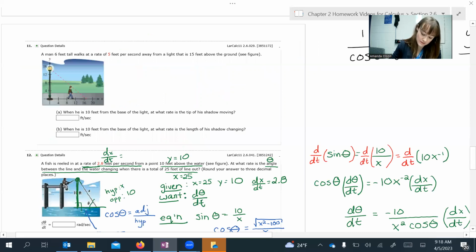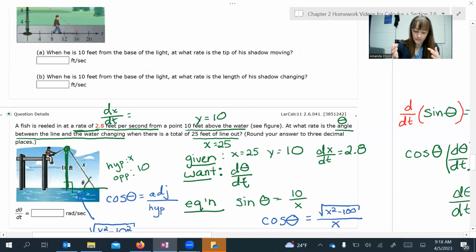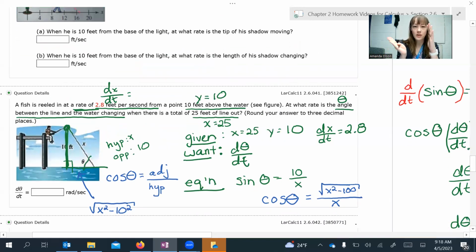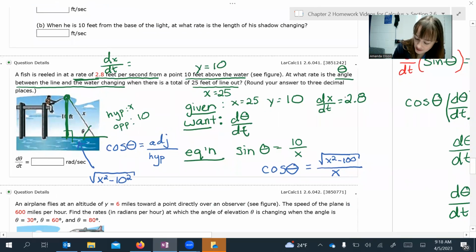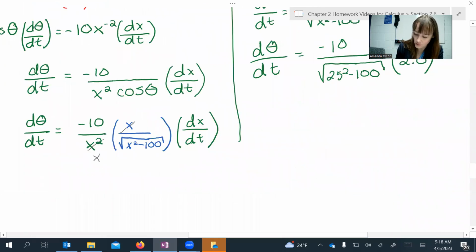And really, because this dx dt is going down, it's being reeled in, and so that reel is going to get smaller and smaller. We really want to think of that dx dt as a negative because it's decreasing x. So that's just one thing to note.